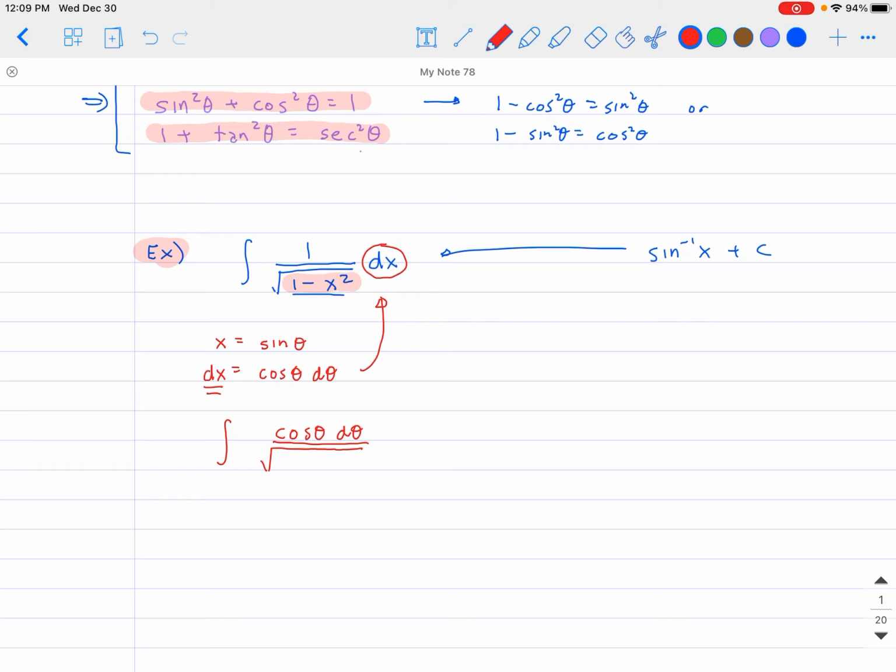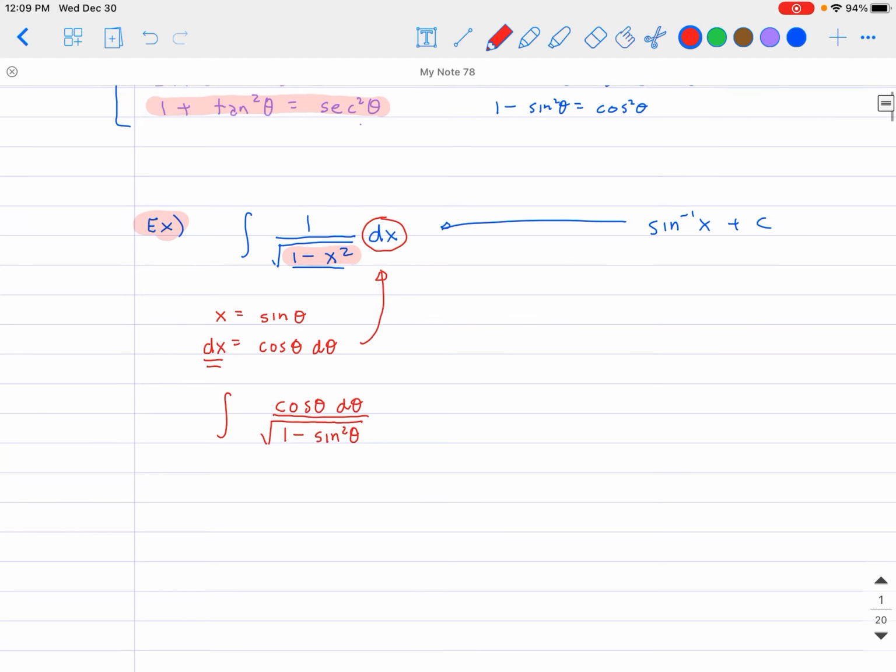Now, when I make that substitution, it's going to say 1 minus x squared gets replaced by sine, so it's 1 minus sine squared of theta. So we now have to clean this up a little bit before we take the integral. That is going to be equal to the integral of cosine of theta times d theta, all divided by the bottom part, the square root of 1 minus sine squared.